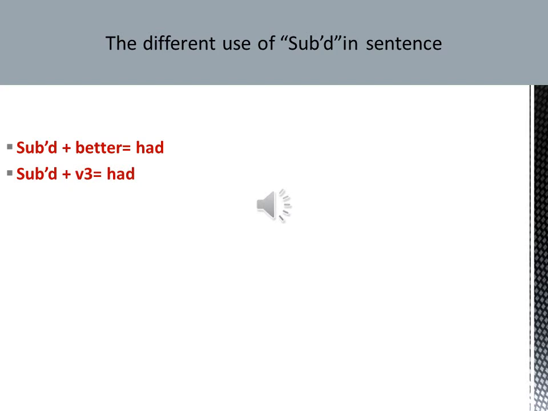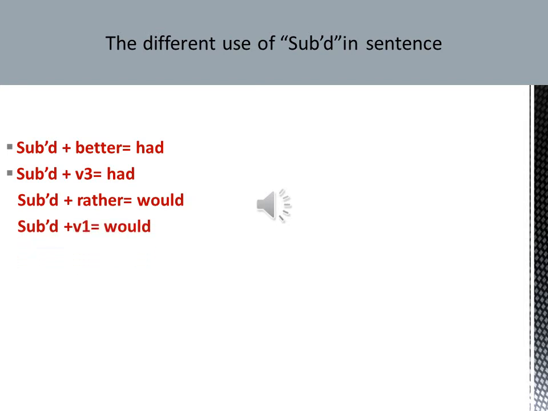And students, if there is V3 after apostrophe d, then in this case also we should understand apostrophe d means had. Likewise, if the word rather is used after apostrophe d, then we should understand apostrophe d means would.